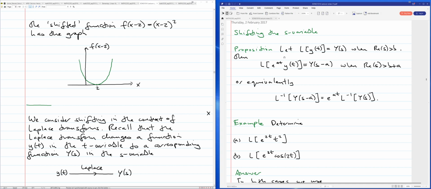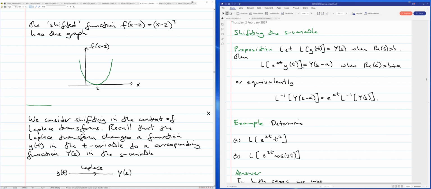So the standard formula here is Laplace of y of t is equal to Y of s. One version of the shifting formula is if I have this y of t and I multiply by exponential e to the at, then Laplace of e to the at times y of t is Y of s minus a. Notice Laplace of y of t is Y of s, and Laplace of y of t times e to the at is Y of s minus a. So you in fact have a shift going from Y of s to Y of s minus a.